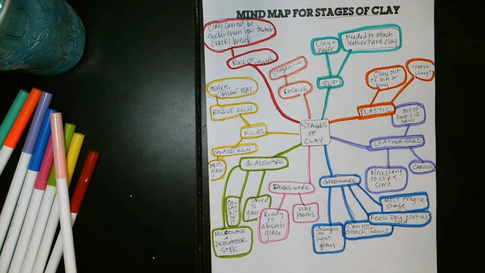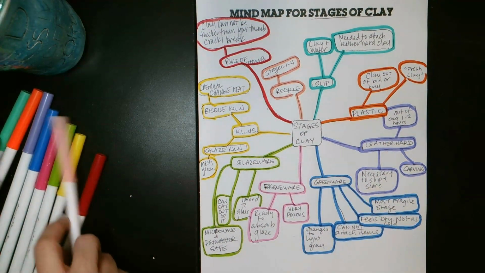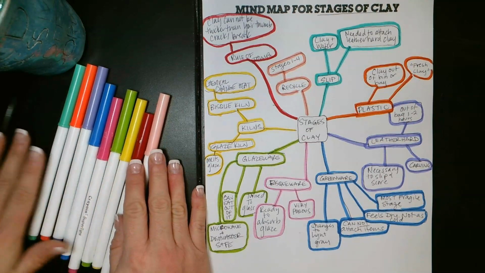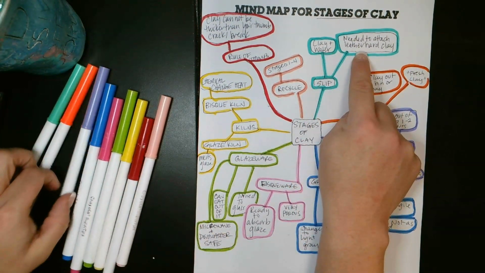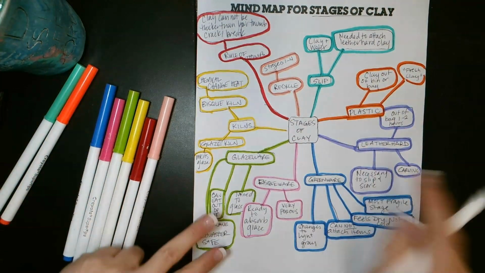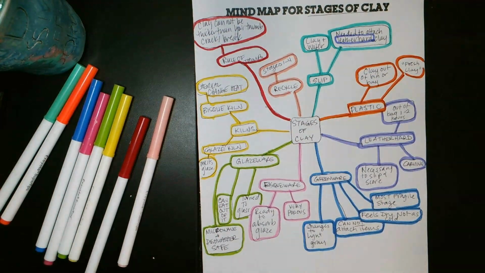Okay, and so now I can look at it, and any time that I see one of these words, I can use my colors. So for example, I'm just going to start here. Here's slip, but I notice that the word leather hard is here. So leather hard is purple. So I'm just going to denote that with the purple.